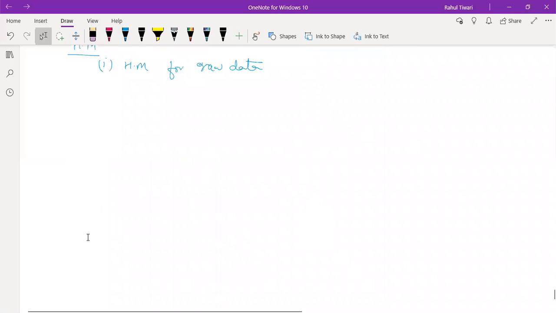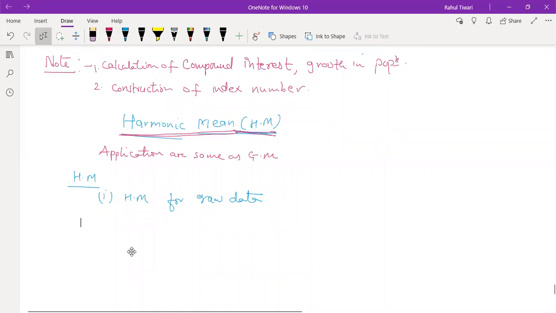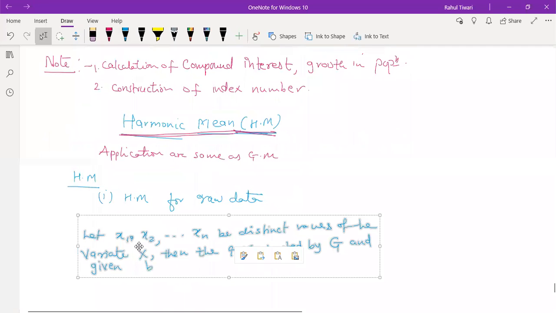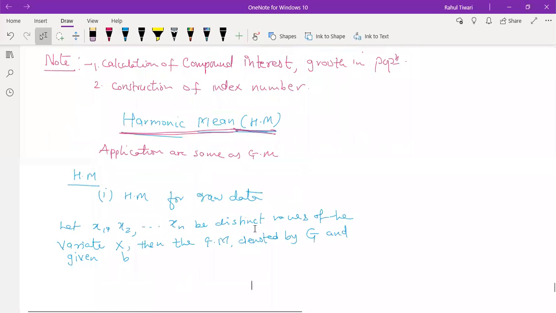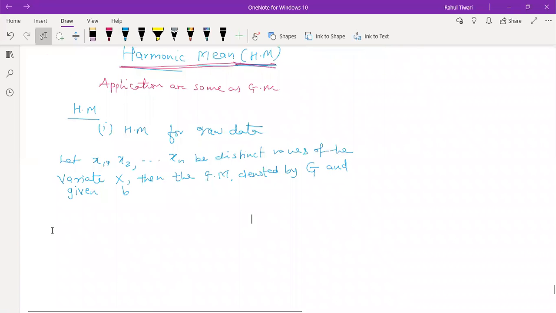Just pasting it here again. So you have the same thing: let x1, x2 be the distinct values of variate x. Then the harmonic mean is given by this, and it is denoted by h.